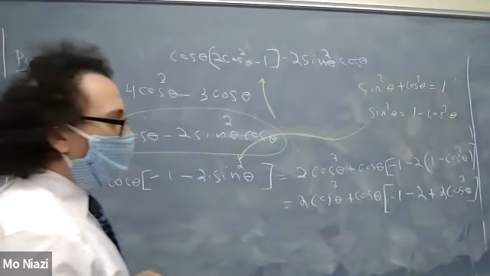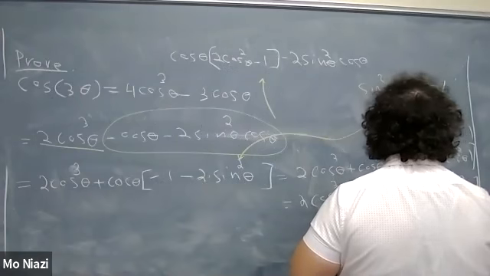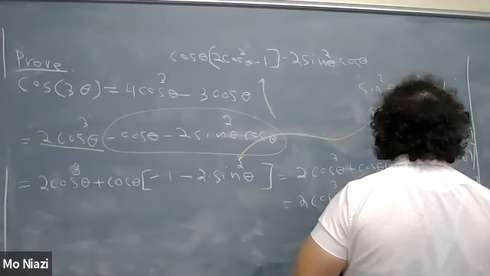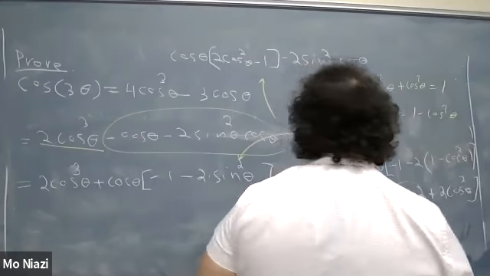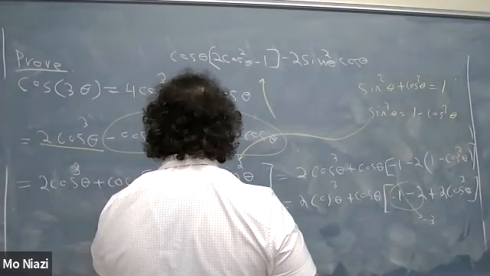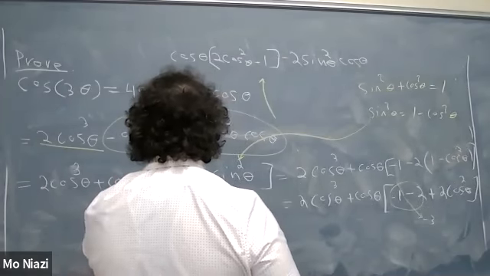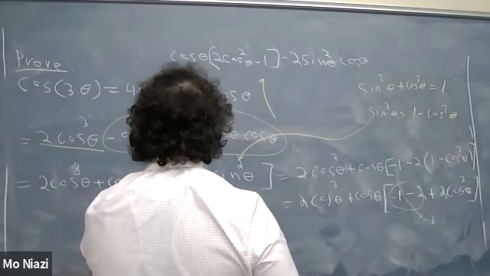You guys see that? Then this adds up to become a -3. So then this becomes a 2 cosine cubed theta. Or again, I dropped the cubed. Don't drop the cube. All right.